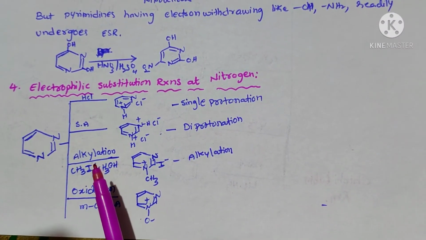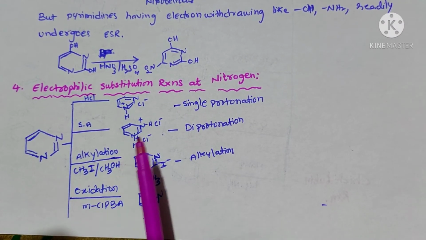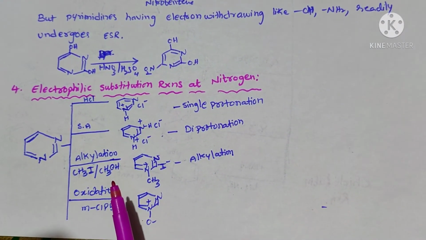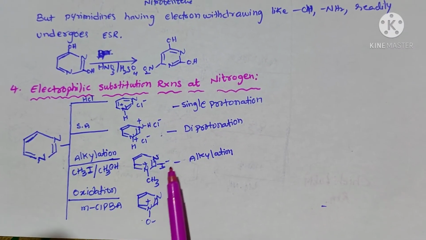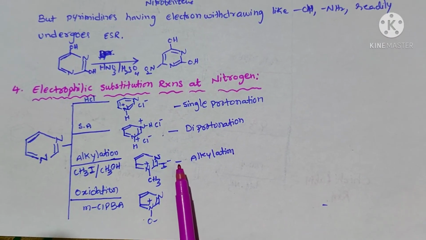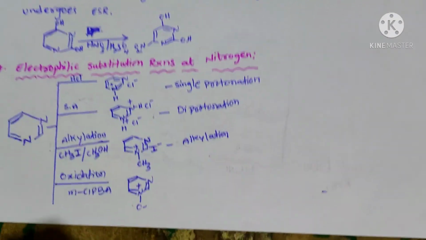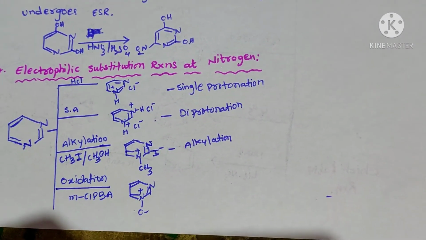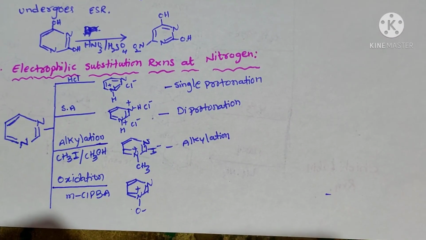Next one is alkylation. Substitution of an alkyl group is known as alkylation. For this purpose, we use methyl iodide in the presence of methyl alcohol. So here we get the N-alkyl pyrimidine. And the next one is oxidation. When this pyrimidine is subjected to oxidation with oxidizing agents like hydrogen peroxide or peracids, we get the pyrimidine N-oxide.